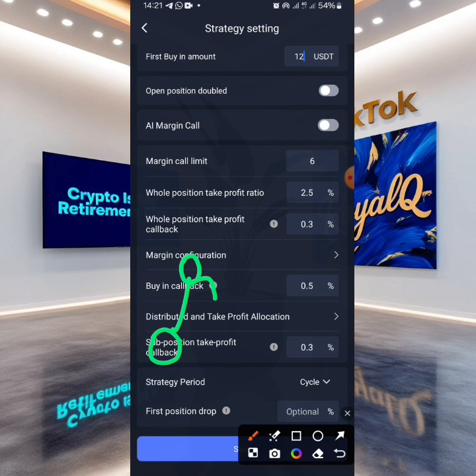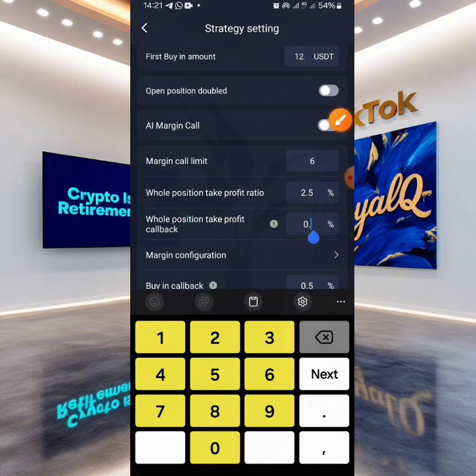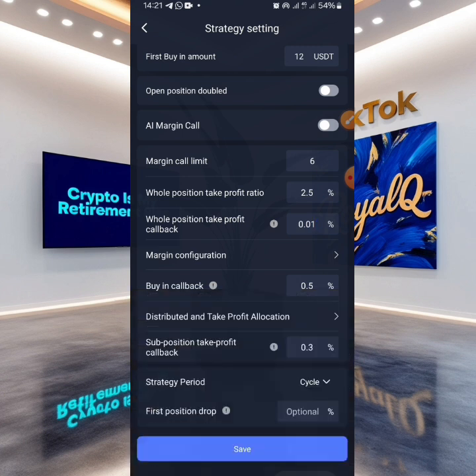For example, we have 2.5 as our whole position take profit and 0.3 as our whole position take profit callback. So it will be 2.5 minus 0.3. The remaining will be your take profit. So that's why we always reduce our callback to 0.01, so that when the robot reaches the take profit, it sells immediately and gives us our money.